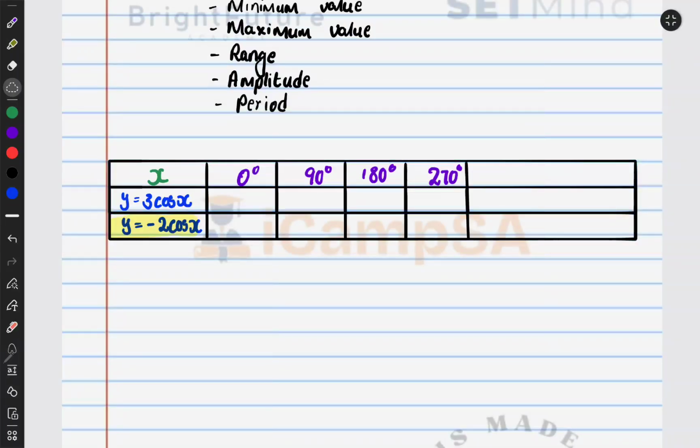Hopefully they will fit here. So we're gonna have 0 degrees, 45 degrees, 90 degrees, 135 degrees, and then 180 degrees, 225 degrees, and then 270 degrees.